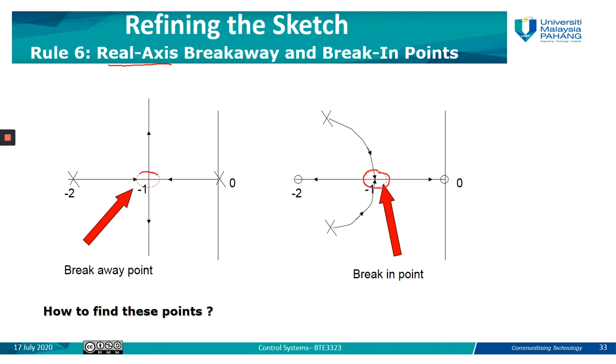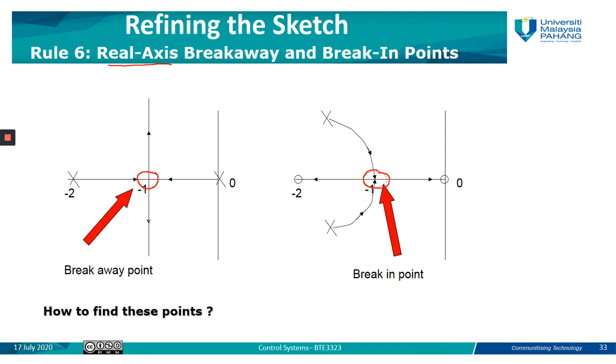So we have two types of points. One we call the breakaway point, the other is the break-in point. What is the difference between them? Breakaway is when the root locus leaves or exits from the real axis.